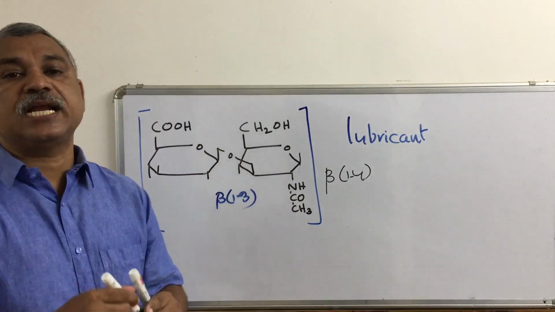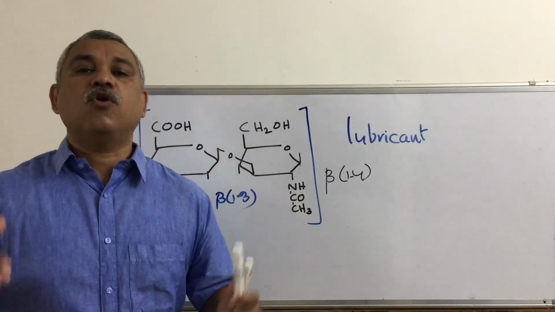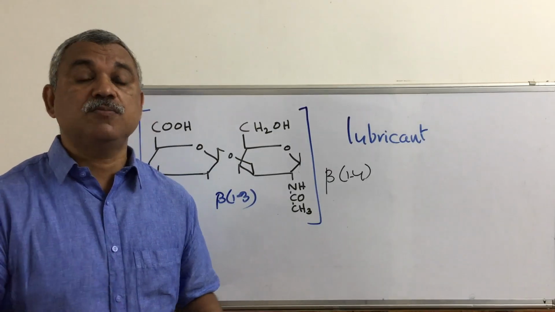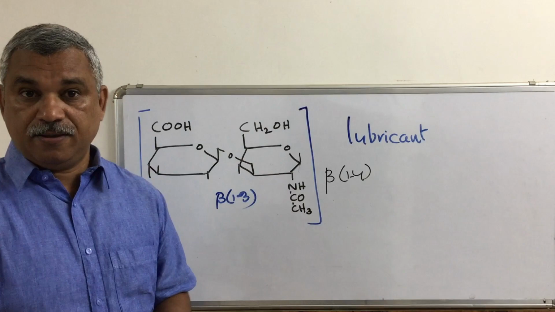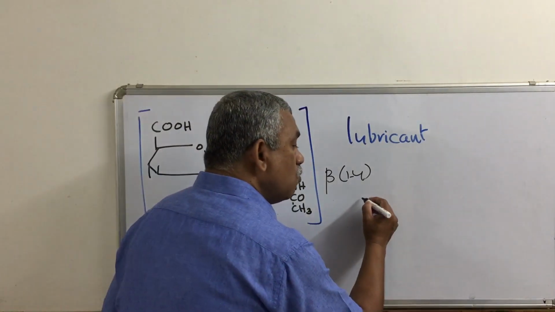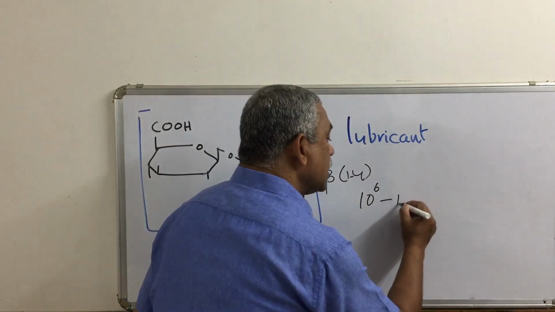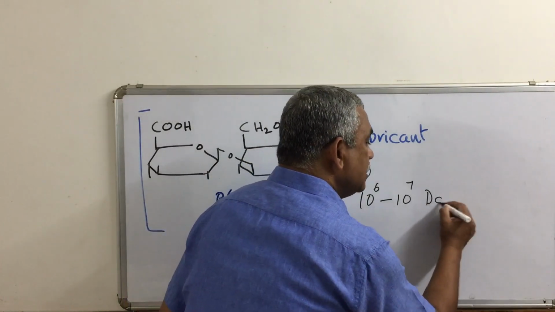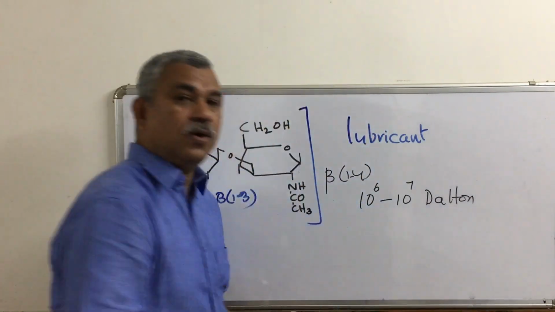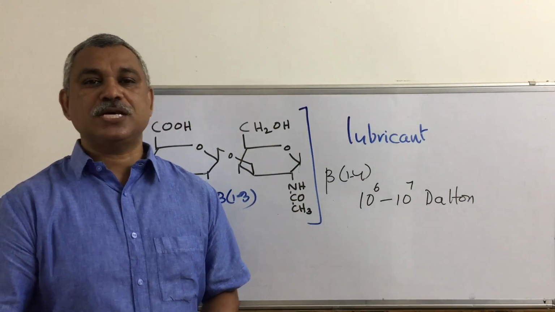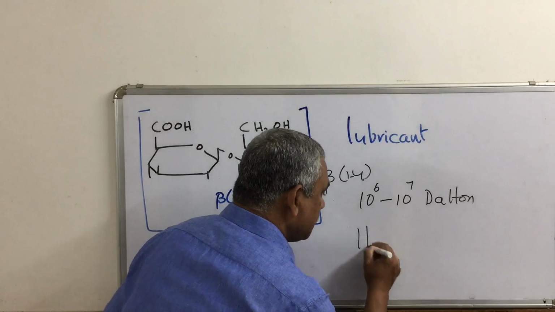So these disaccharide units are repeated almost 5,000 times. Therefore the molecular weight of this molecule will be very high. It is estimated that the molecular weight will range from 10 raised to the power 6 to 10 raised to the power 7 Dalton. So we have an enzyme in our body known as hyaluronidase.